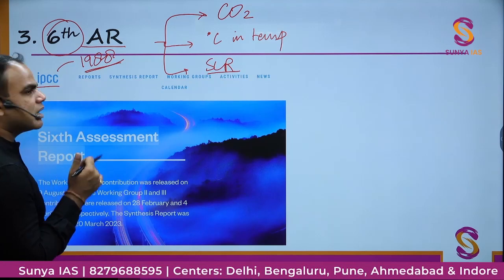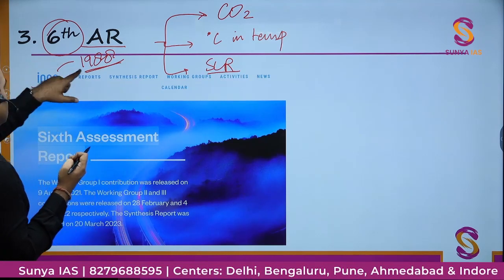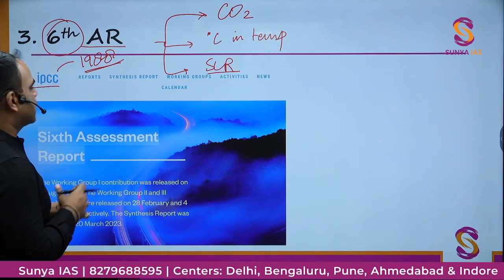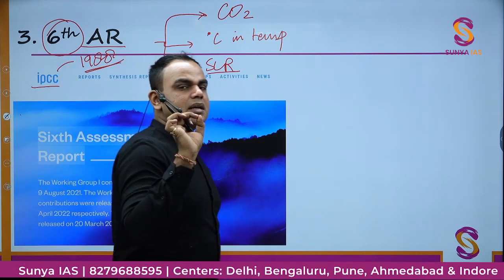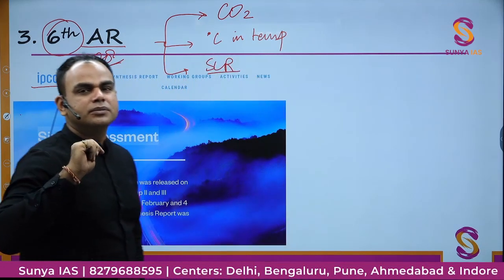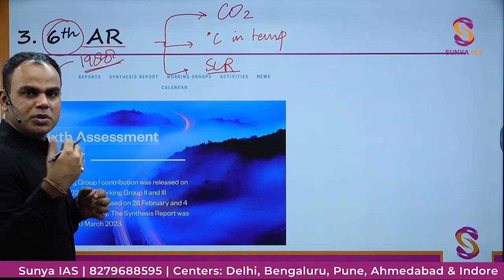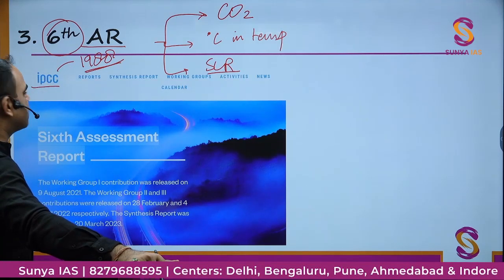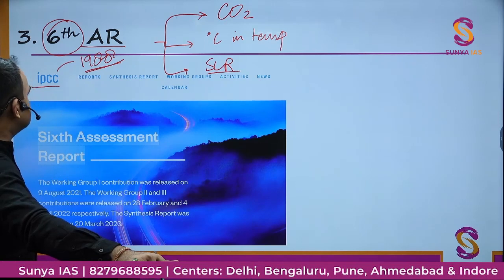So that is the Intergovernmental Panel on Climate Change, formed in 1988. Now please tell me in the comment section, IPCC was formed by which two very prominent bodies? This again can be a question which can be asked, a very simple question. Tell me which are the two bodies which led to the formation of IPCC in 1988.